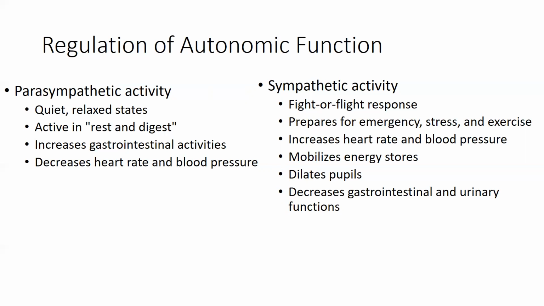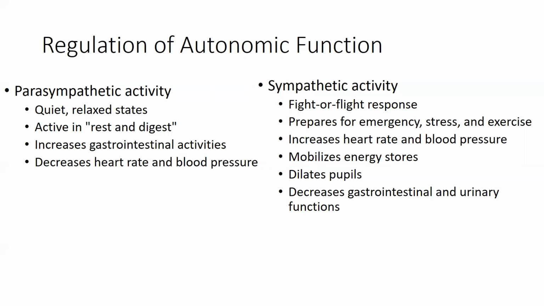So this is going to be gastrointestinal activities, gastrointestinal motility, so digesting of food, as well as juices, so gastrointestinal juices, and salivary secretions, lacrimal secretions, and so on and so forth. It's also going to decrease heart rate, decrease blood pressure, and then decrease respiratory rate as well. Right, so parasympathetic is pretty much toning everything down. And this is your rest and digest division of the nervous system.